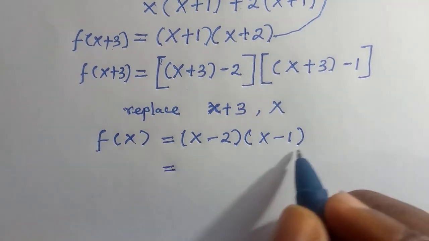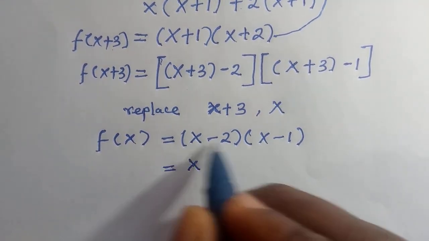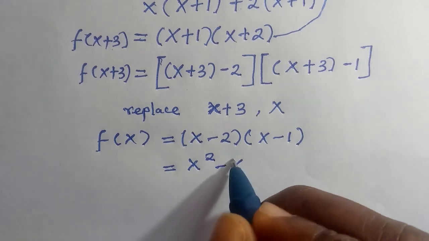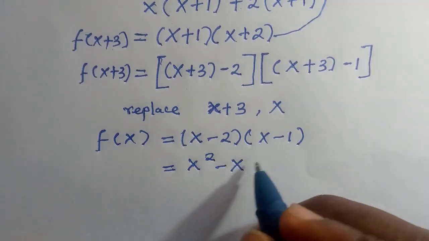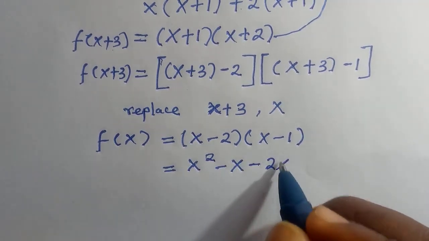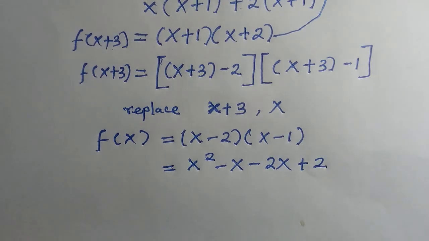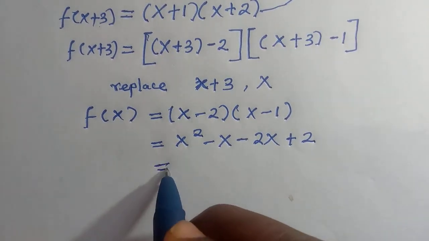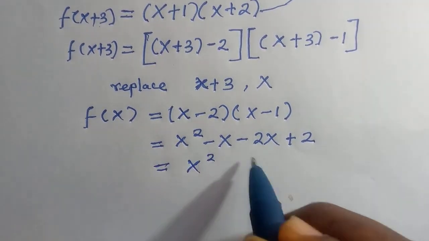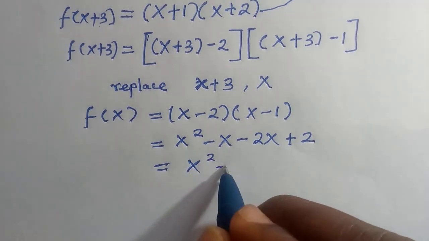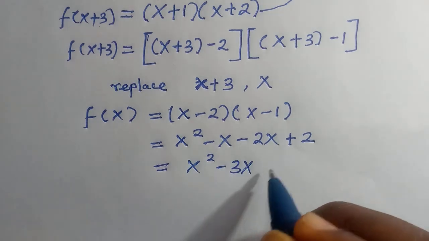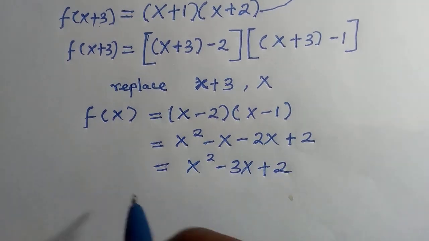By expanding this one, we have x times x, which is x squared, x times minus 1 is minus x, minus 2 times x is also minus 2x, and minus 2 times minus 1 is plus 2. So we have this equals x squared minus x minus 2x, that gives minus 3x, and here is plus 2.